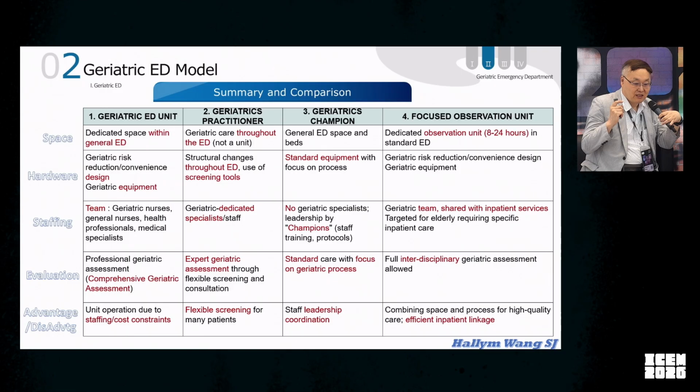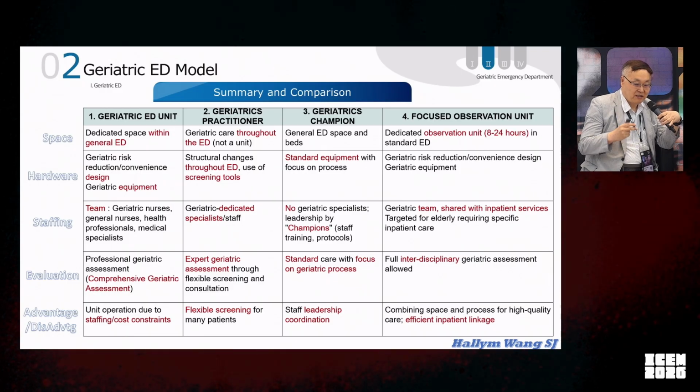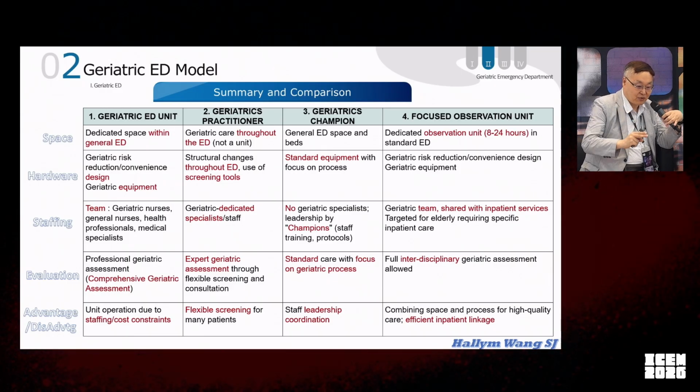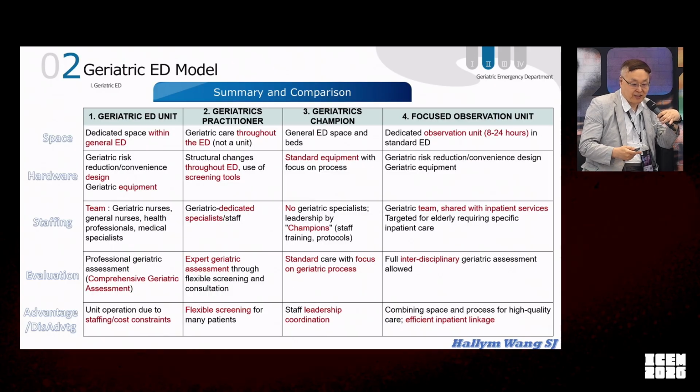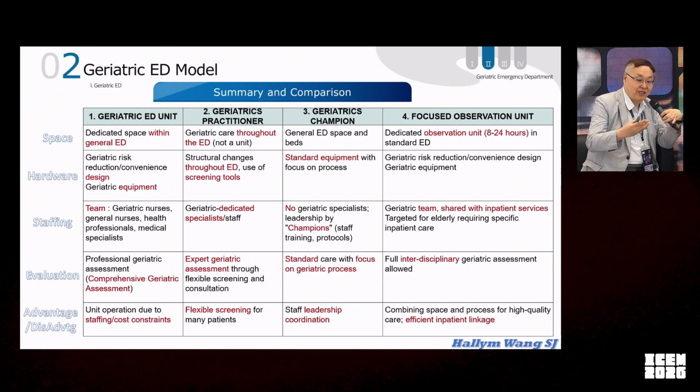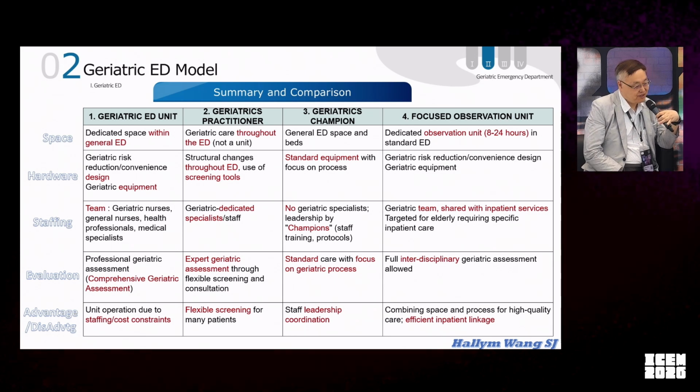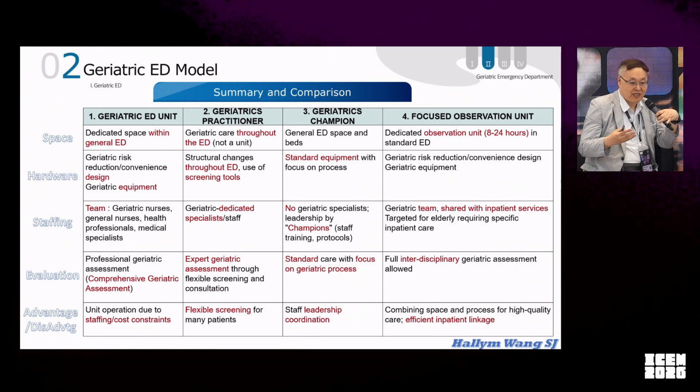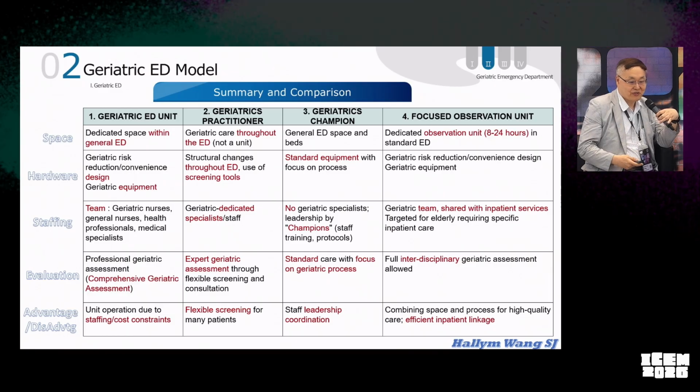The baseline factors are space, hardware, staffing, evaluation, and characteristics. If you work in a very big emergency center, what kind of model do you choose? You can choose number 1 and number 4.